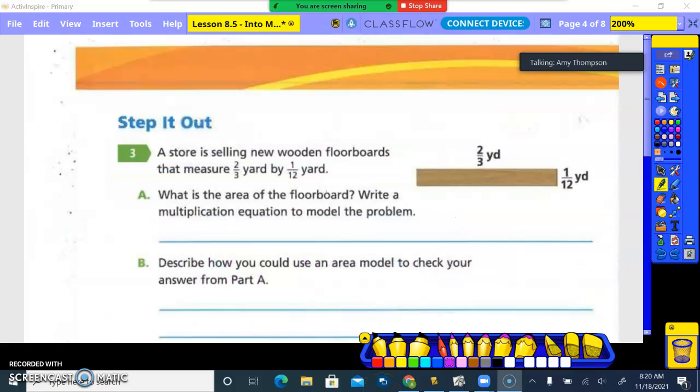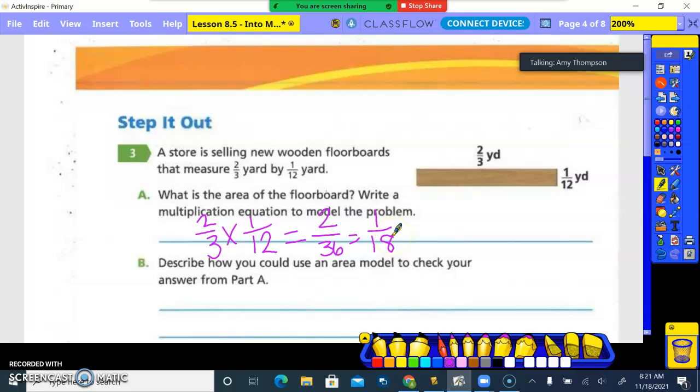Step it out. Number 3, a store is selling new wooden floorboards that measure 2/3 by 1/12 of a yard. What is the area of the floorboard? Write a multiplication equation to model the problem. So we would take what, guys? 2/3 times 1/12, okay, which gets us 2/36, which also gets us what? 1/18, right?